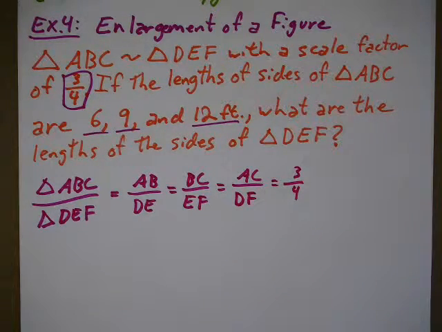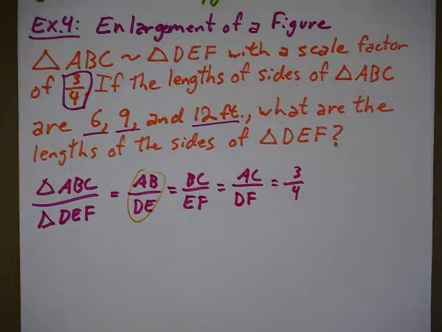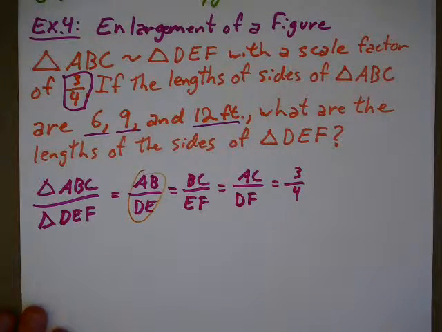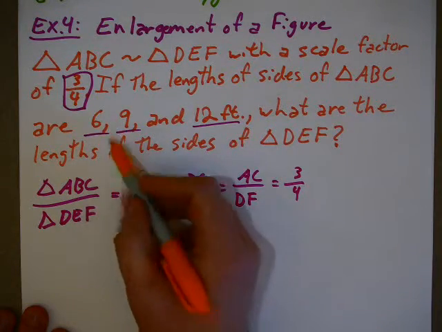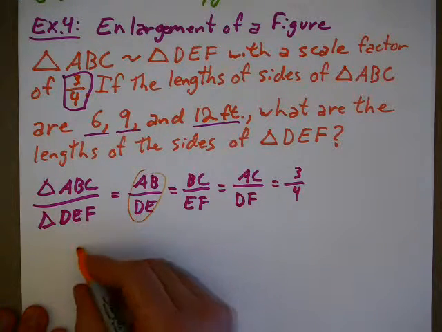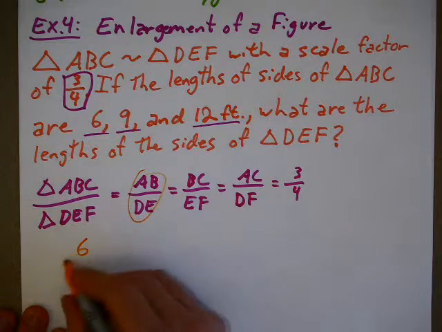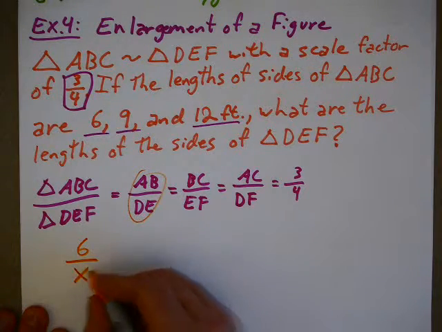So let's start with AB over DE. It actually doesn't matter, so let's just say it doesn't tell us, so we're just going to say that 6 is the measure of AB. And we don't know what the measure of DE is, so let's just give that a variable. Let's call that x.